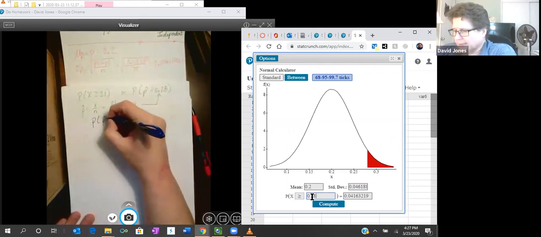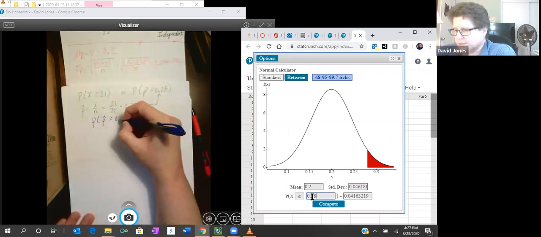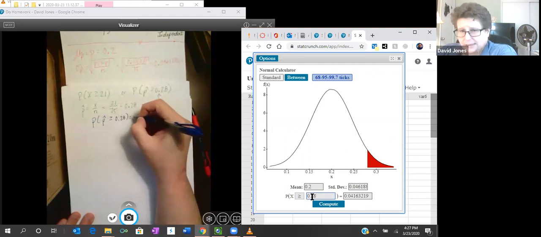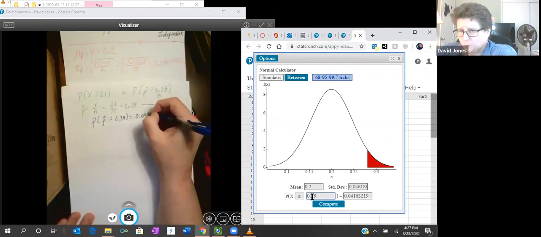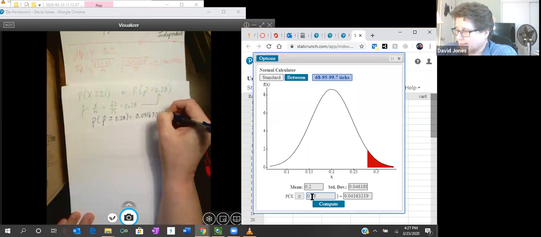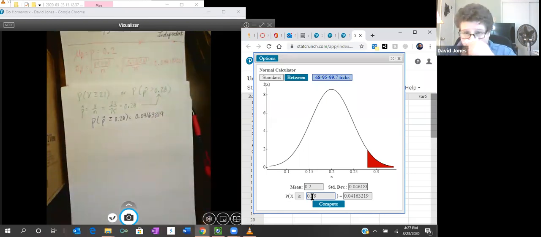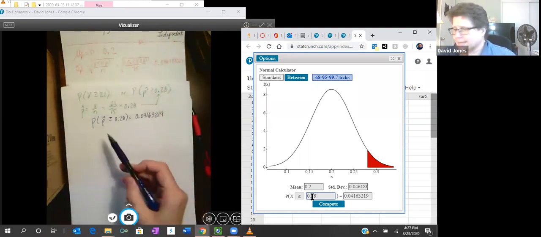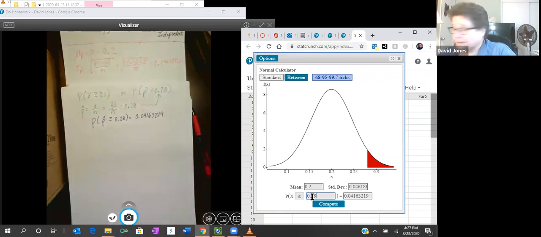So the probability that p hat is greater than or equal to 0.28 is 0.04163219. I can't make this calculator say p hat, but as soon as we convert the mean and standard deviation to reflect being a proportion, you can, in your head, just convince yourself x is represented as p hat.